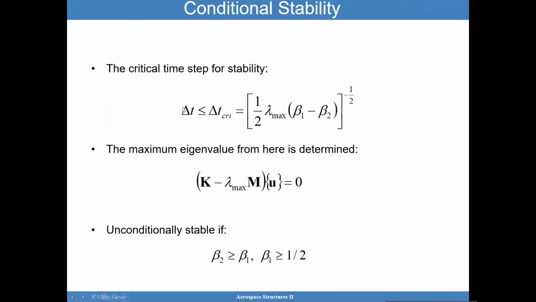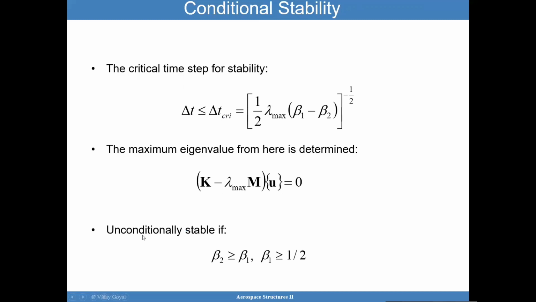If your time step is less than this critical time step, then you're going to have a stable solution. And so it will be conditionally stable as well. So in other words, if you maintain your time step small, you're pretty much going to converge the solution.